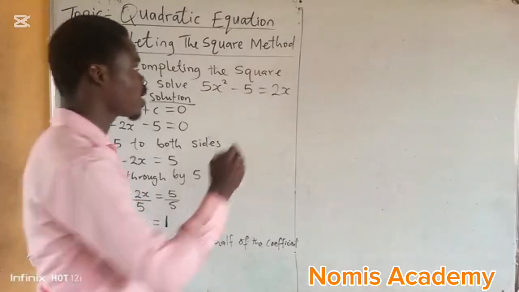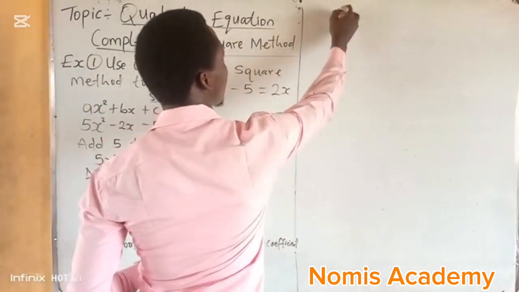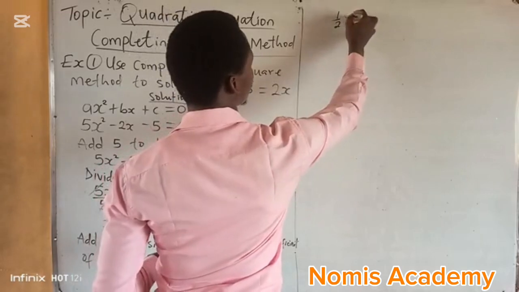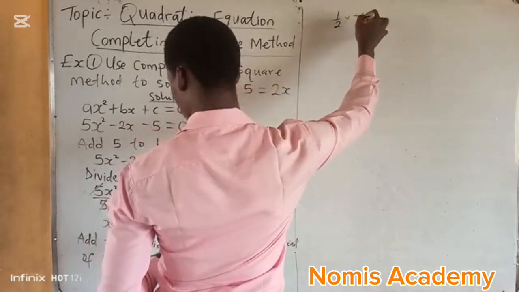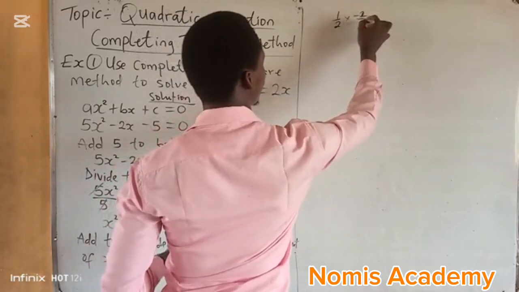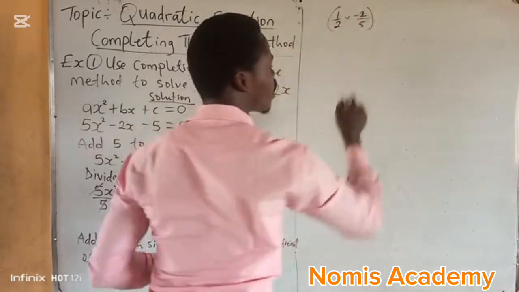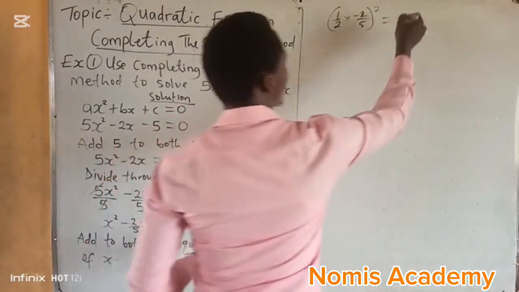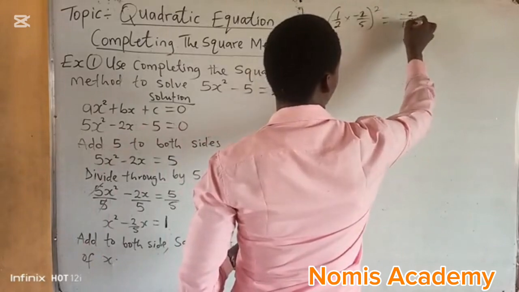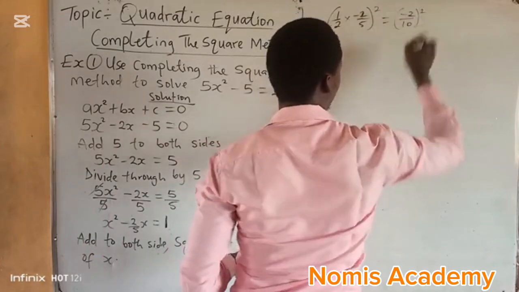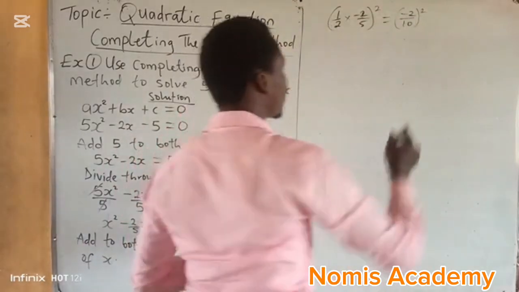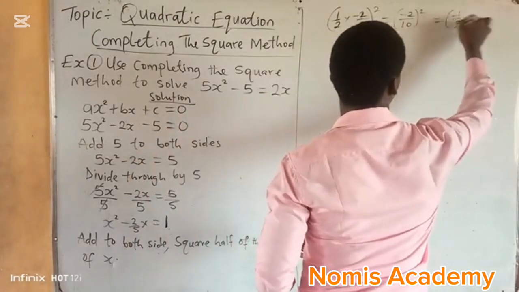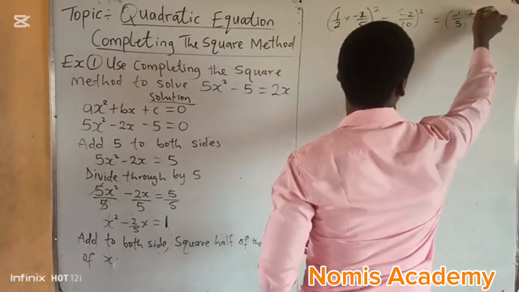So let's do that. We have half, and then the coefficient of x is minus 2 over 5. So we are going to take the square, and that will give us minus 2 over 10 raised to the power of 2. To simplify further, we have minus 1 over 5 raised to the power of 2.